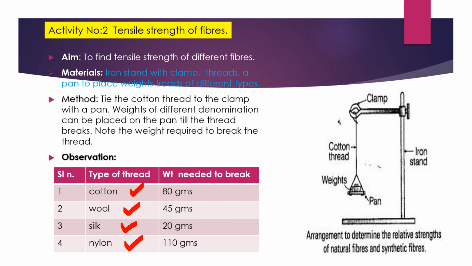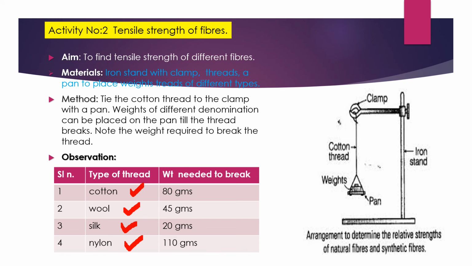We have to take around 10 centimeter length of these fibers and tie it to an iron stand with a clamp, as it is shown in the diagram. The thread should be tied to the iron stand at the base. You should have a pan attached to it where you can place weights conveniently.